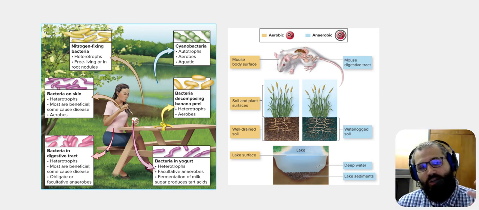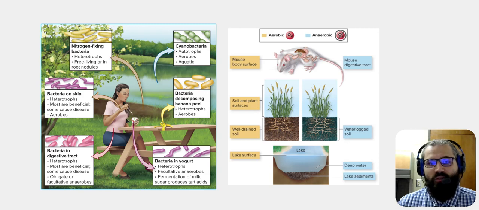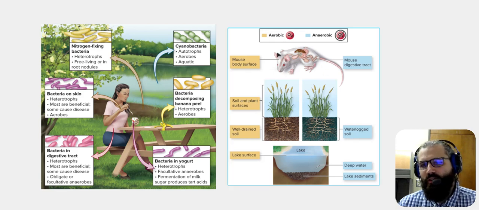You have also similar things that happen with bacteria in yogurt that are doing fermentation. Now, in the environment, it's also possible to find anaerobic bacteria. If you look at this particular diagram here, we talked about the digestive tract versus the surface of a mouse. It's the same for us. But we also need to account for when waterlogged soil is present.